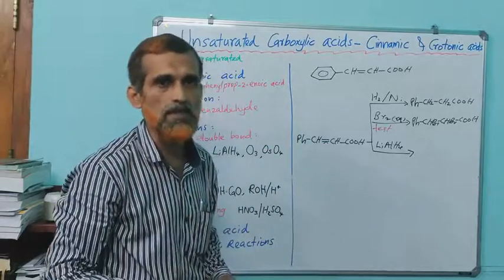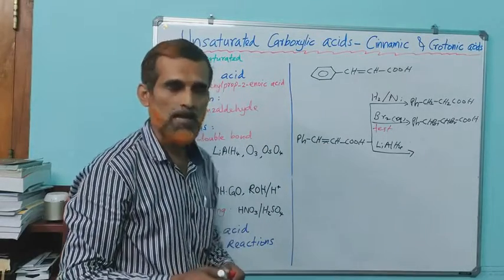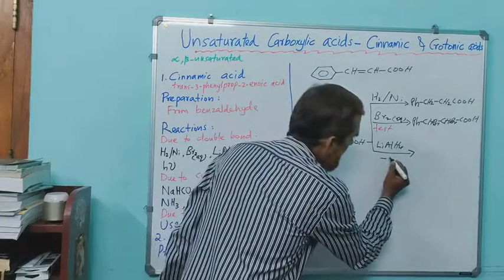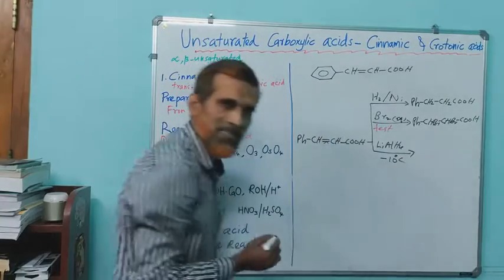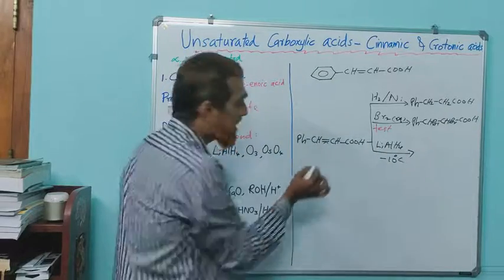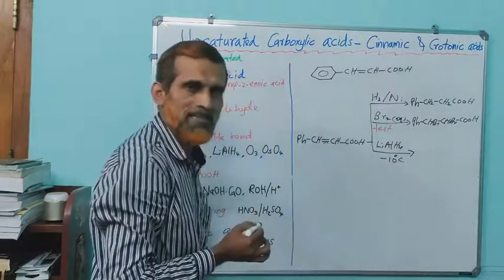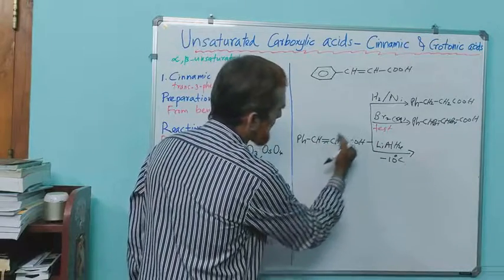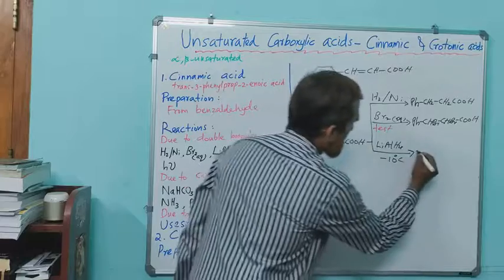We have learned this earlier on. You get a primary alcohol. See that if the temperature is very low, like minus 10 degrees Celsius, lithium aluminum hydride will not affect this double bond. That's interesting. So keeping low temperature, you can keep this double bond intact.